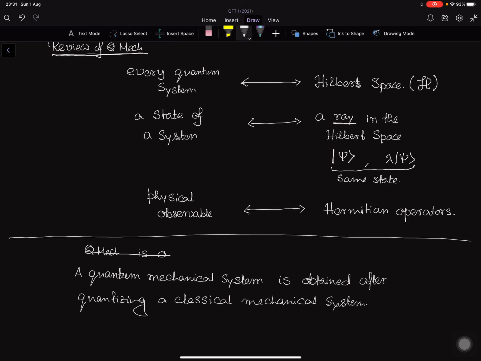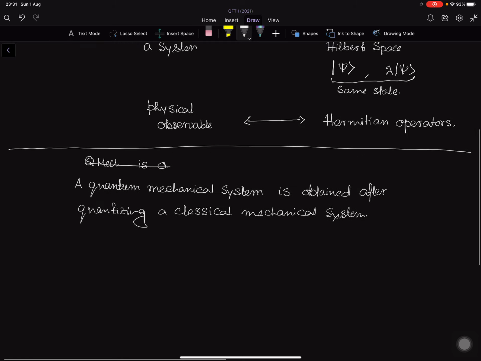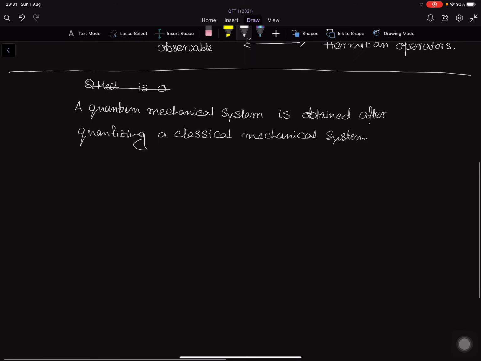At this point, a very natural question, which also leads to quantum field theory and is just a question about the formalism, is: what about quantizing classical fields?